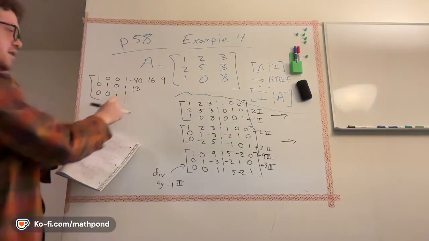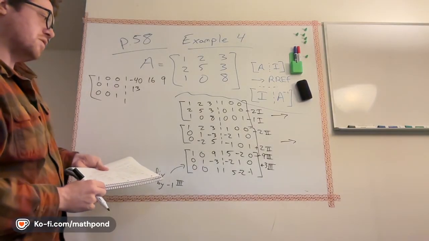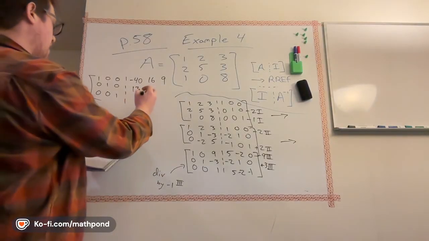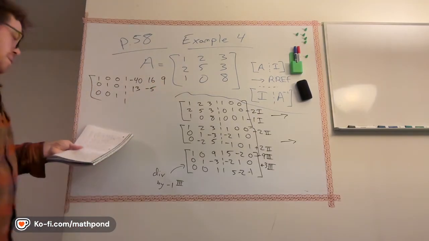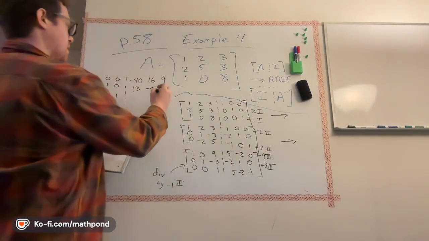Yeah, 13. Then we get 1 plus 3 times negative 2, so 1 minus 6 is negative 5. And 0 plus 3 times negative 1 is negative 3.